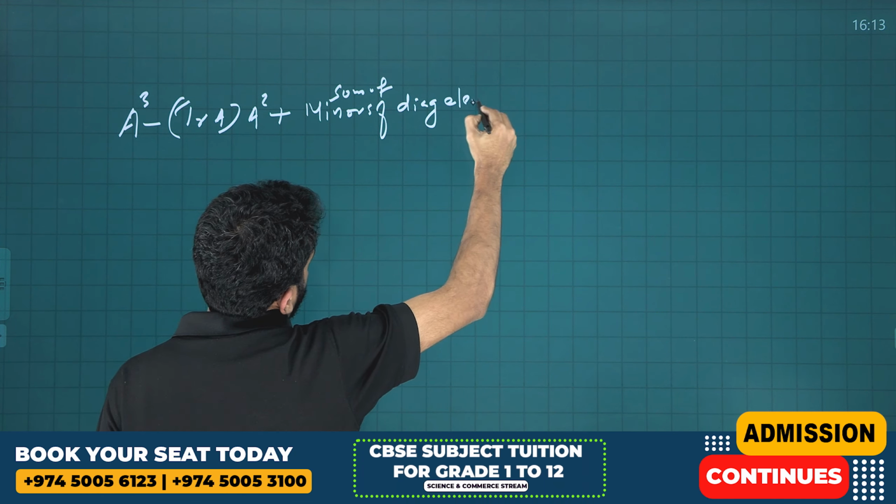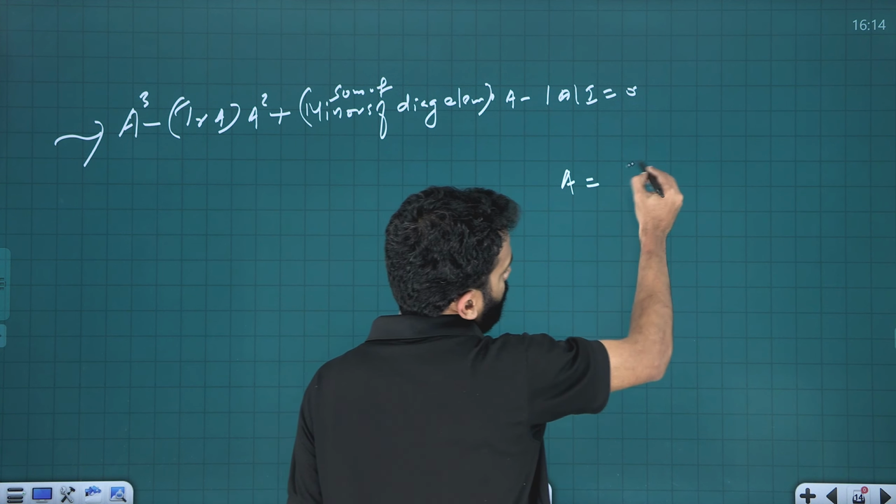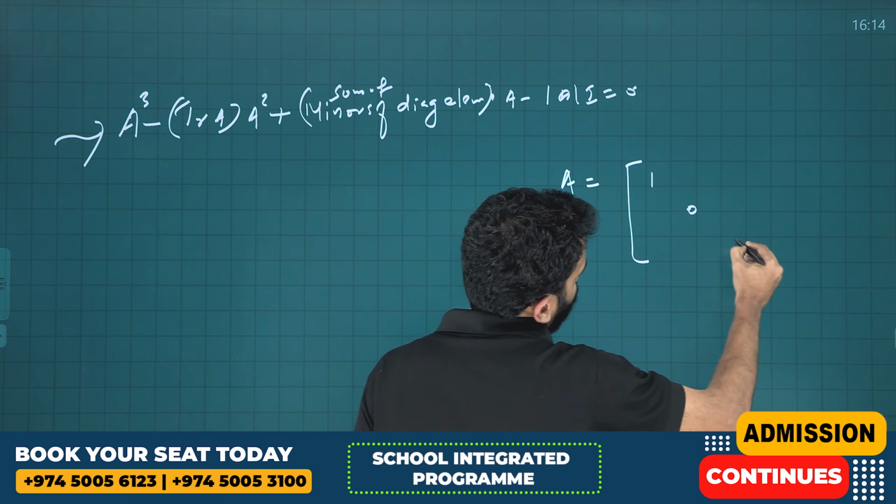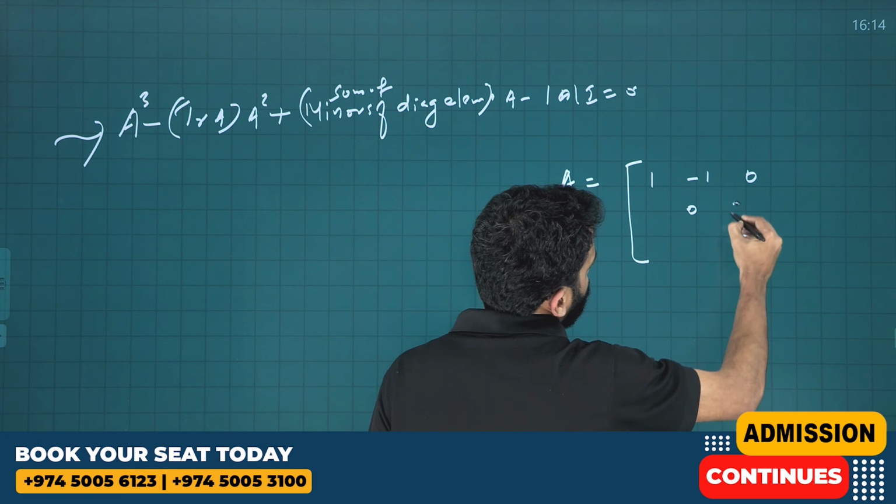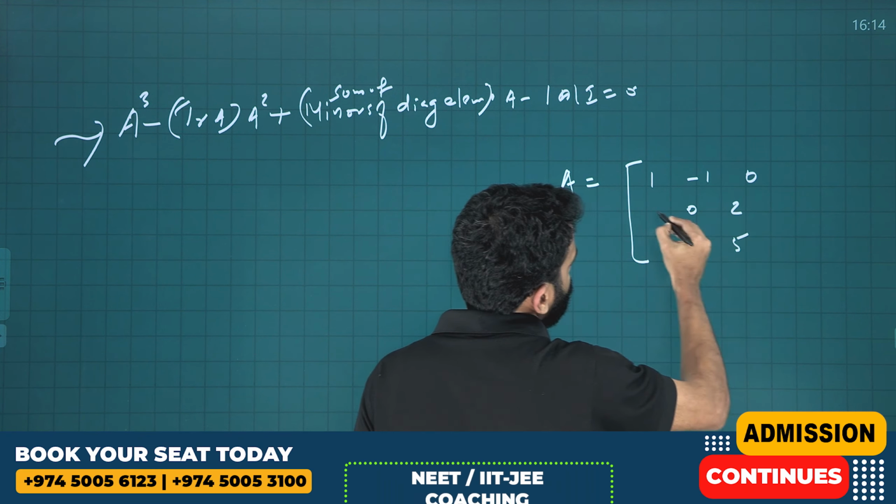Every square matrix of order 3 can be expressed in this format. Hope it's clear. I will tell you one example. That is, if A is equal to [1, 0, 5; -1, 0, 2; 1, 1, -1].